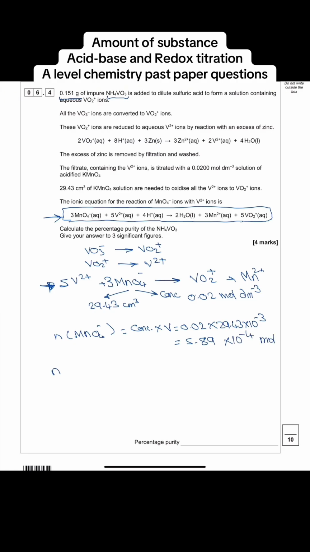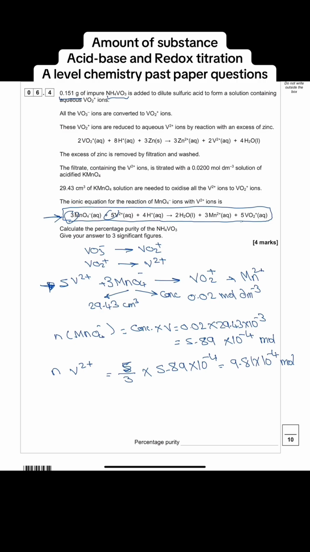And then now let's determine the number of moles of the V2 plus. And the moles of V2 plus, as you can see from the equation, is 3 moles manganate with 5 mole V2 plus. So now it's 5 over 3 times the 5.89 times 10 to the minus 4, and that will give you 9.81 times 10 to the minus 4 mole. So this is the moles of the V2 plus.